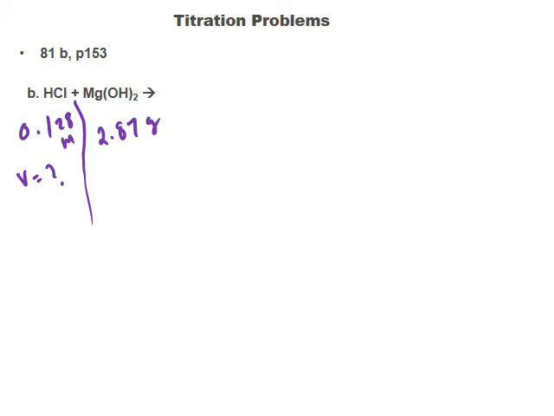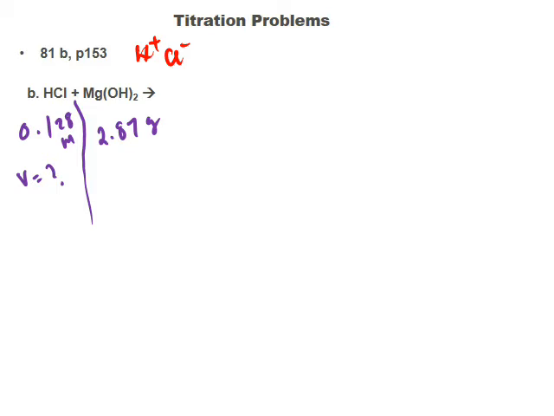Okay, now let me show you how we can predict the products of this reaction. Again, HCl you can write down as H+ and Cl-.